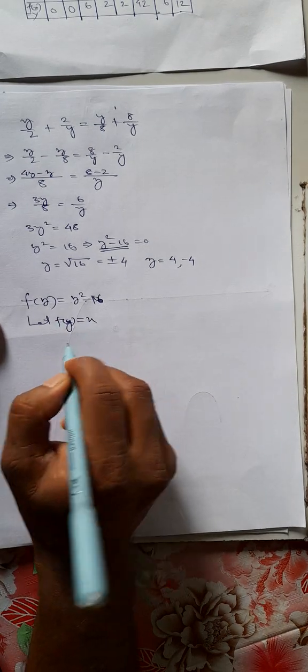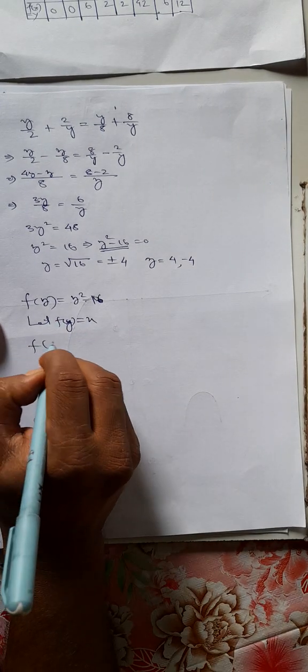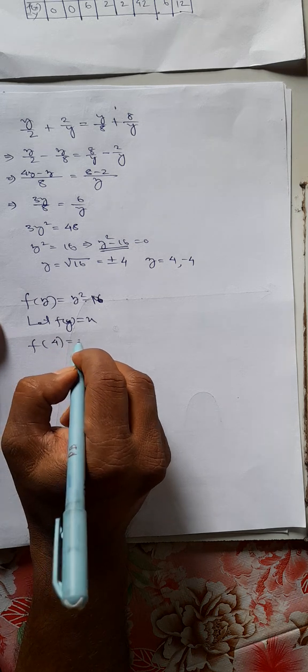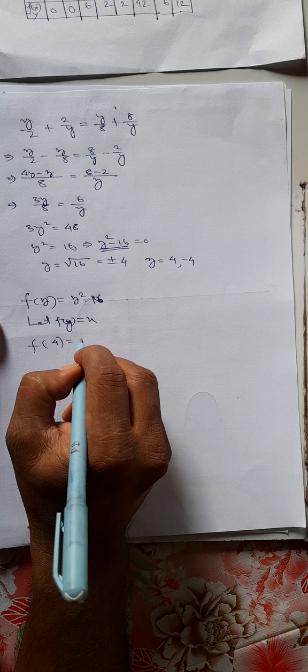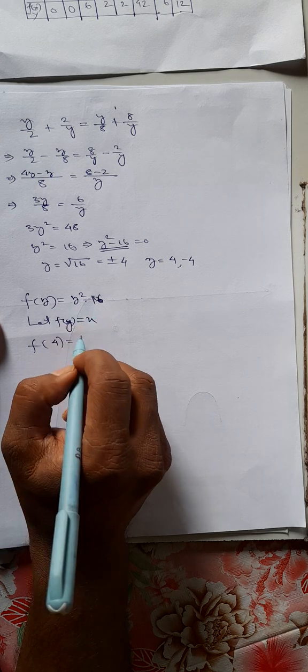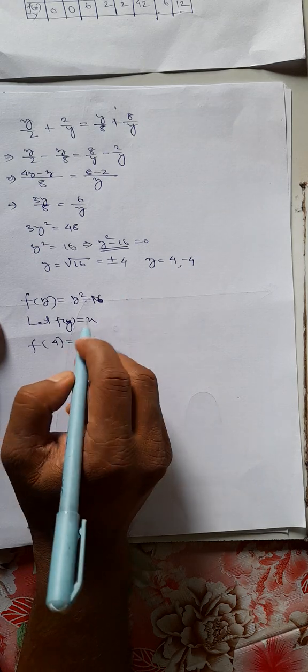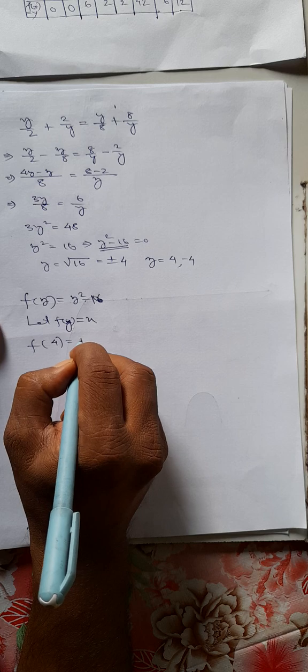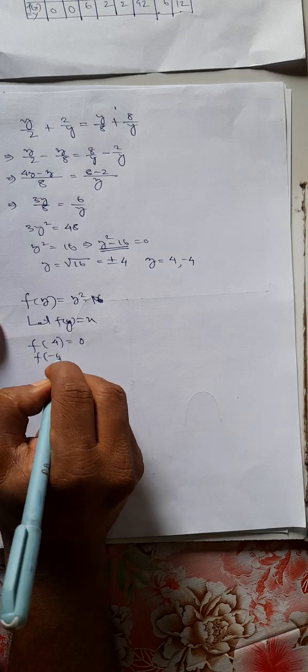Let us treat this polynomial as f(y) and let f(y) equal to x. Now when y equal to 4, f(y) is 0, since it is a root of the polynomial y square minus 16. y equal to 4 is a root, a zero of this polynomial. So we got f(4) equal to 0, f(minus 4) equal to 0.